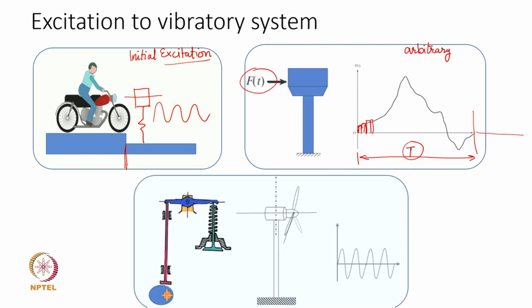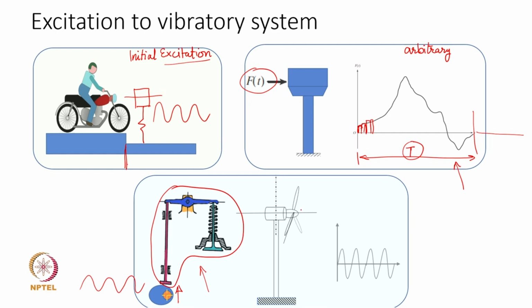mainly the excitation that is sustained. For example, some of the examples that we considered were that of a tappet valve mechanism in an IC engine, wherein this vibratory system was excited through the cam, and as the cam rotates, the tappet valve will be pushed up and down in a fashion which cannot be defined through this kind of arbitrary transient excitation.